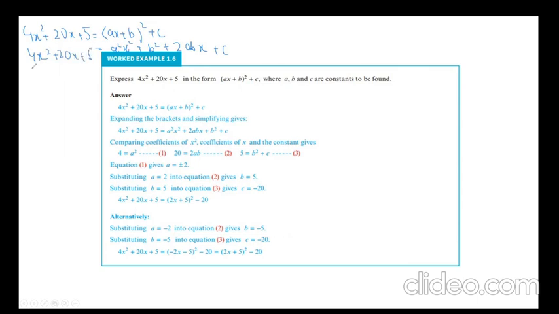Now comparing the coefficient of x square, 4 equals a square. Second is 2ab, so 20 equals 2ab. And last is 5 equals b square plus c.